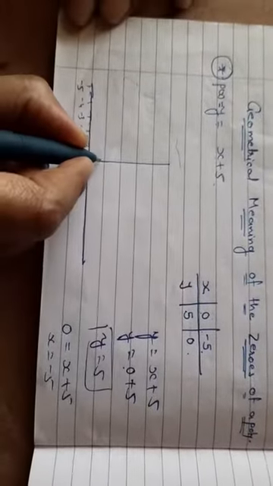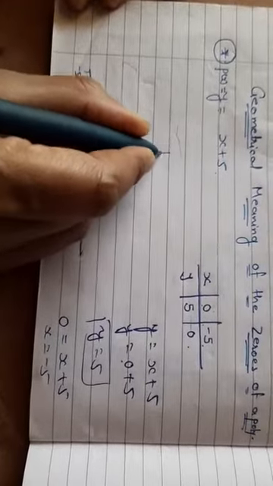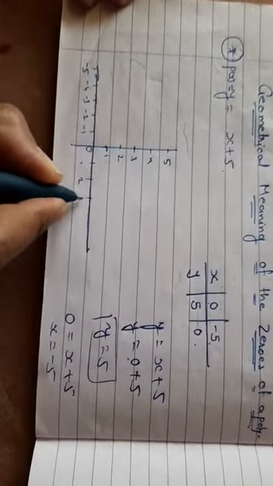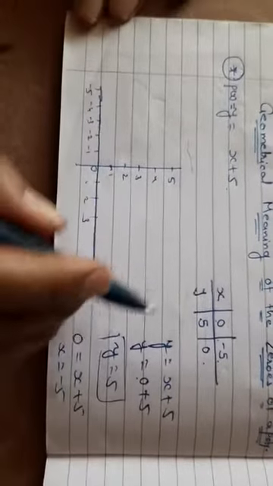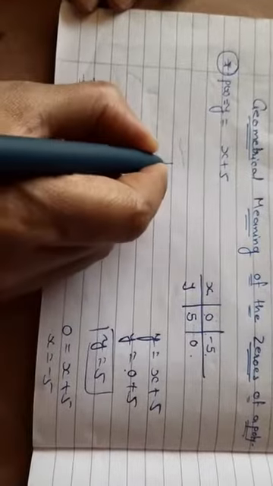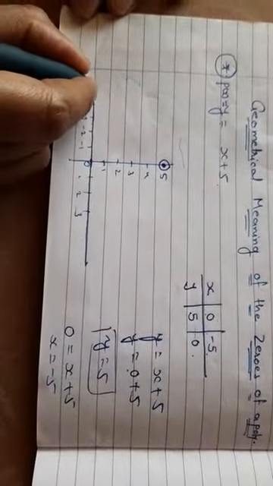So let us plot here 1, 2, 3, 4 and 5. Similarly, I have written this is the origin, 0, 1, 2, 3, but we don't need these points. Now x is 0, then y is 5. We know that x is 0 here and y will be 5. Now when x is minus 5, y will be 0.